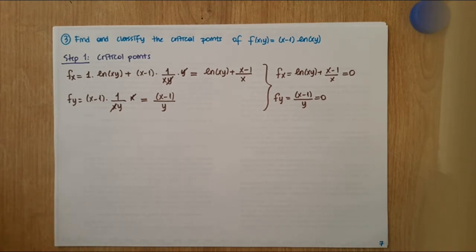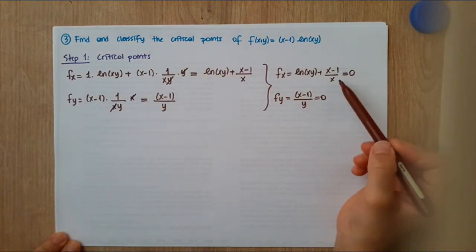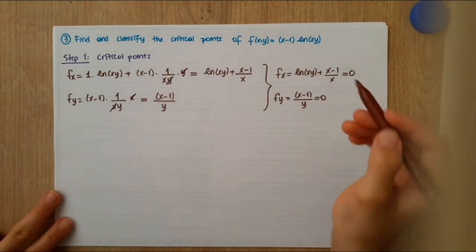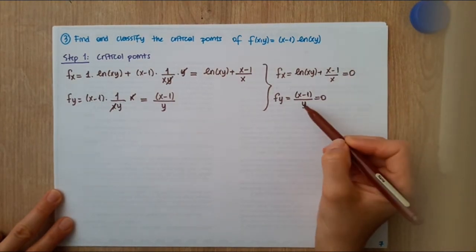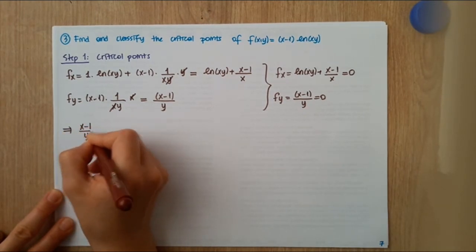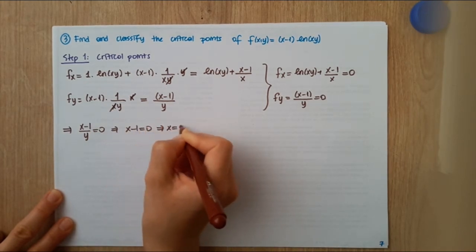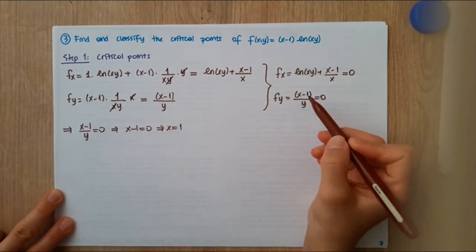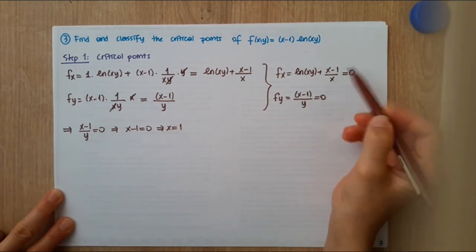So we have critical points only from these equations, equating the first derivatives to 0. Okay, so equating the first part is a little bit difficult. Because of that, I start with the second part. So x minus 1 over y is 0, which means x minus 1 is 0, so x is 1. Okay. Using this result from the second equation, I will find y by substituting x in the first equation.